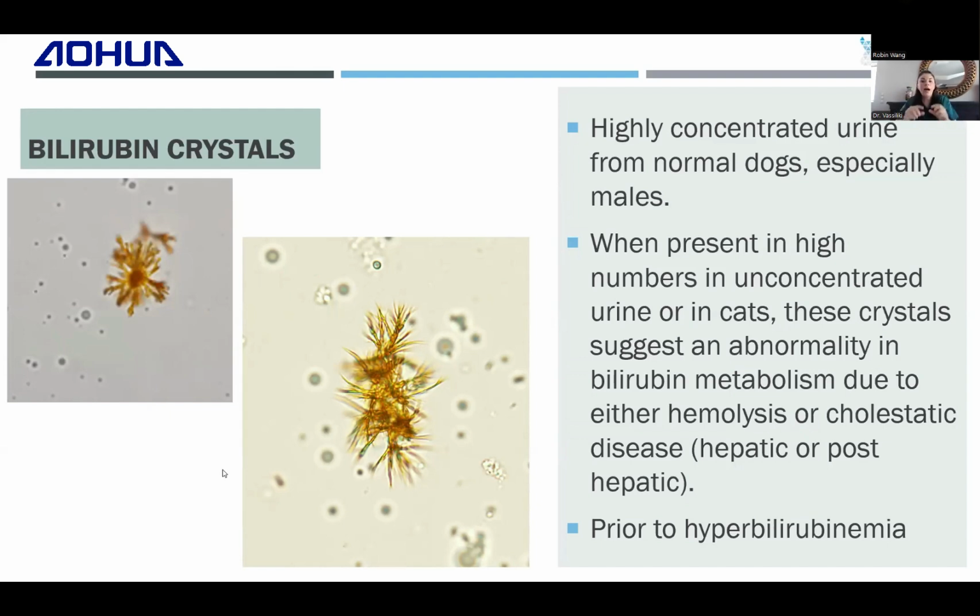This is why I really want your urine specific gravity meters to be more than 1045. Okay, definitely more than 1035, because I know that there are many in the market, but I really want you to use a refractometer that can actually measure up to 1050 of urine specific gravity, because otherwise you will miss many diagnoses of concentrated urines, and you might exaggerate your diagnosis of bilirubin crystals, for example.